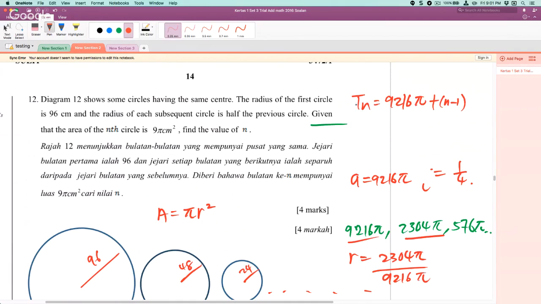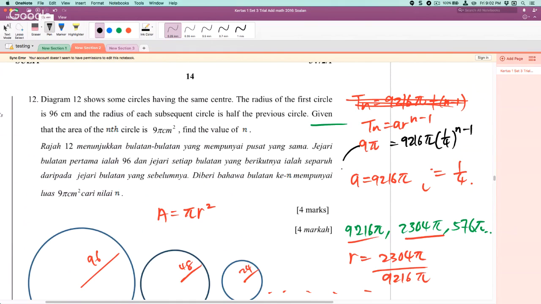This one is GP. Why do I use the AP formula? This is GP, so we have to use the GP formula. So yeah, for GP, Tn is A R to the power n minus 1. The nth term is given already, 9 pi. So my A is 9216 pi, my R is 1 over 4, and this should be n minus 1.